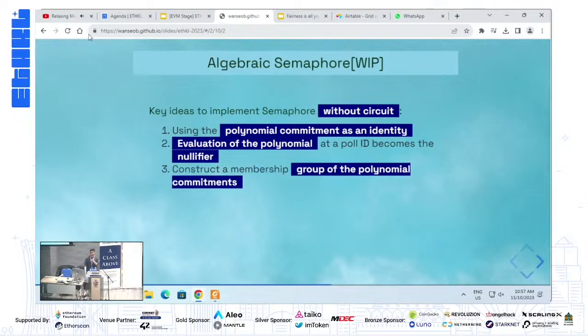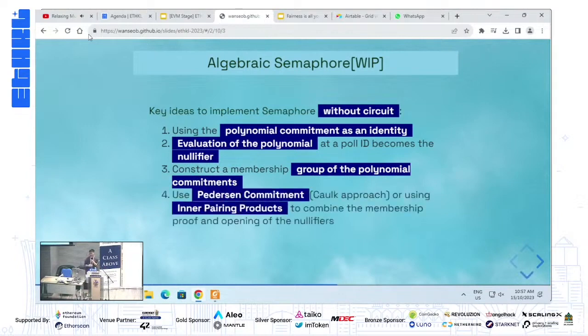So after that, we construct a membership group using the polynomial commitments, and then to hide some information there, we can use Pedersen commitments, or we can also use inner pairing products here to make sure that you are using the same polynomial commitments.